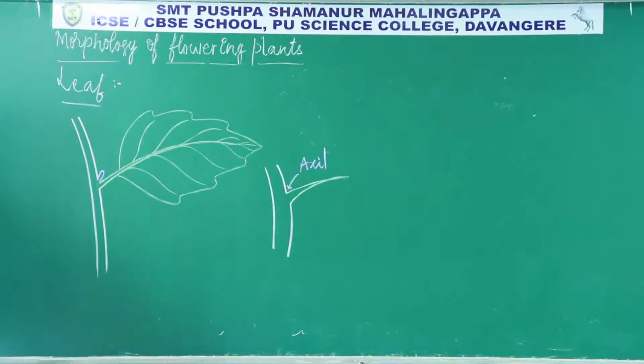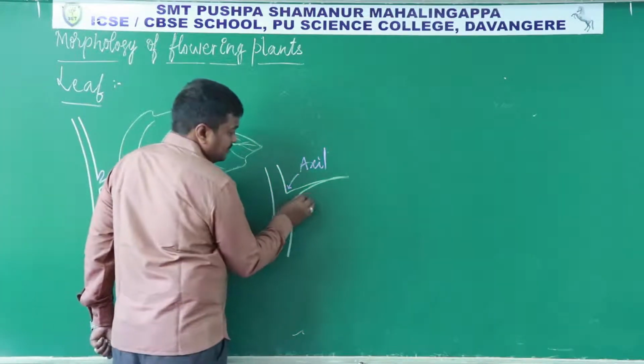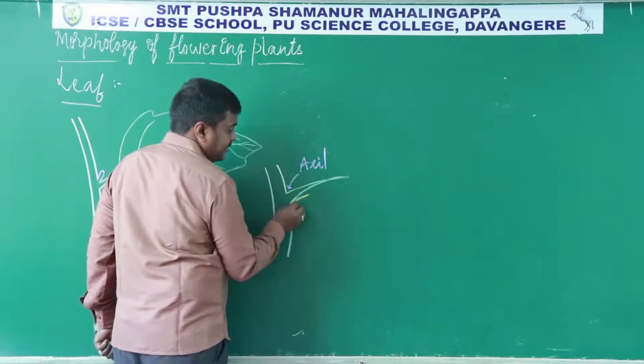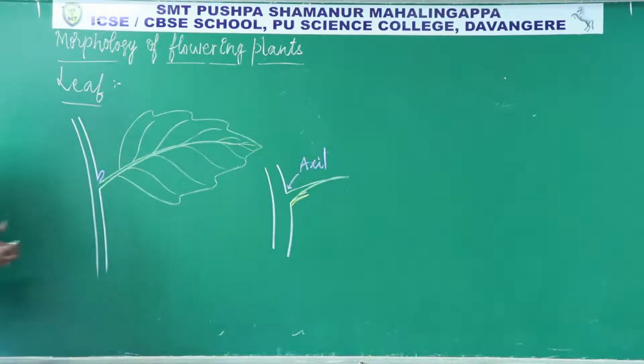Sometimes in some leaves, at the base there is a small appendage, a small structure, present on both sides of the leaf.